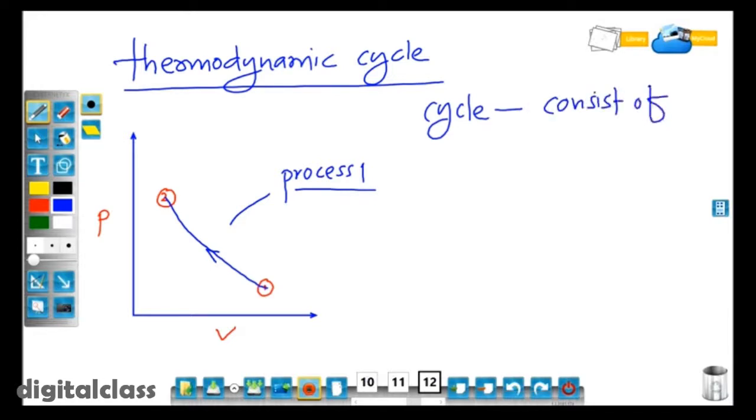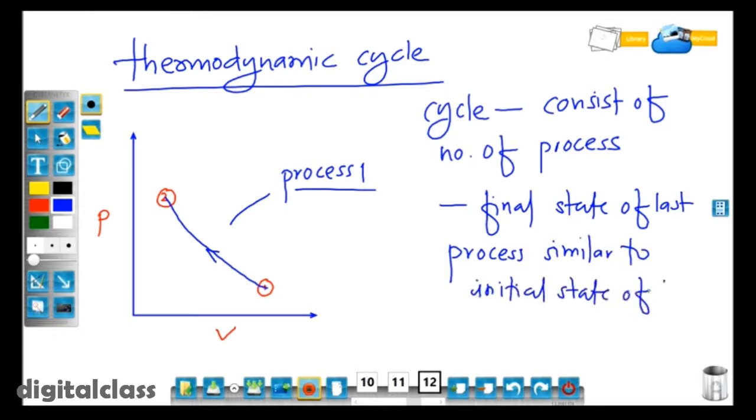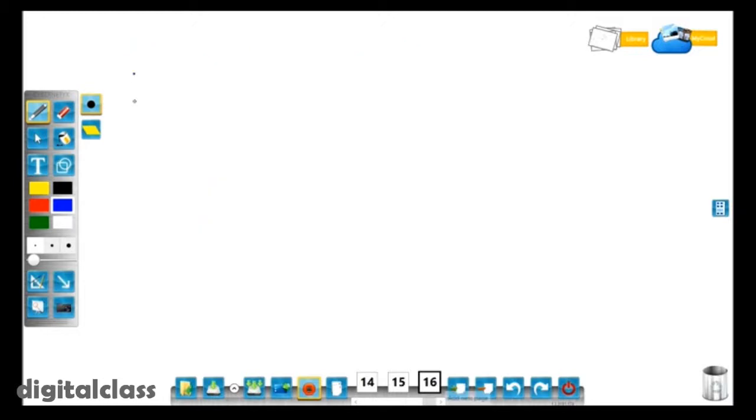A cycle consists of a number of processes. So here the condition is that the final state of the last process is similar to the initial state of the first process. Here process 1 and process 2 are shown, and this is the cycle.